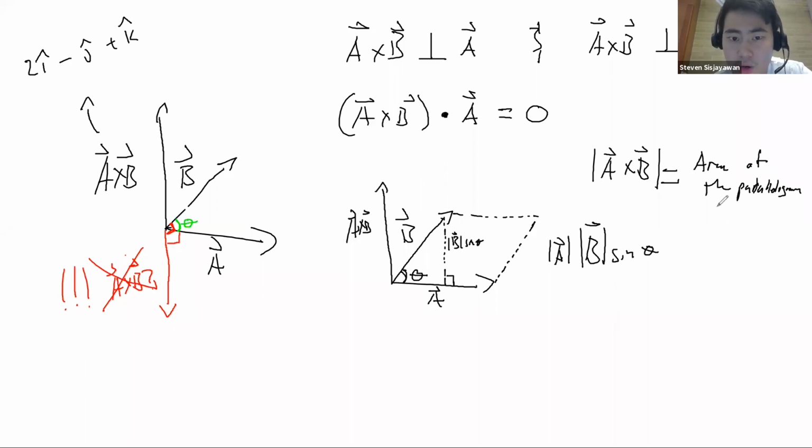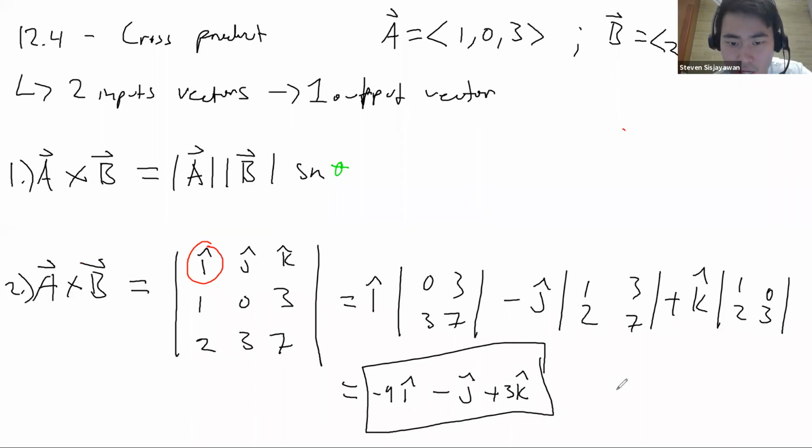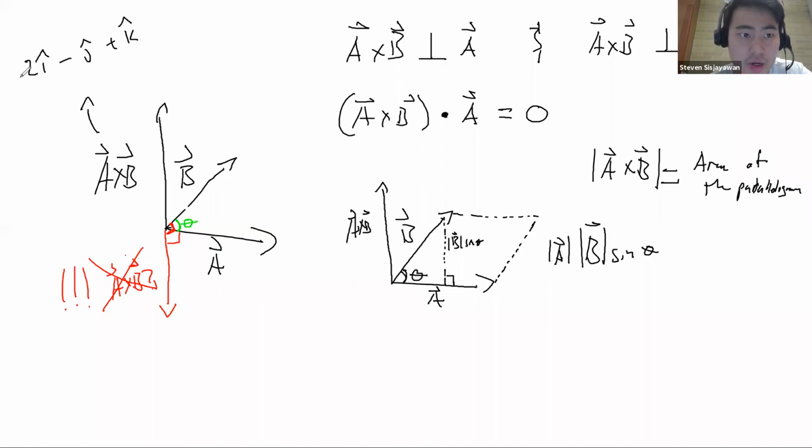All right, so how do we find the magnitude, or the area of the parallelogram? Basically, find the cross product as we found, which was negative 9i minus j plus 3k.